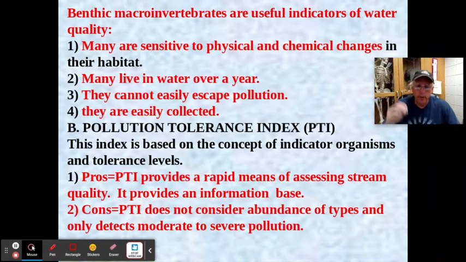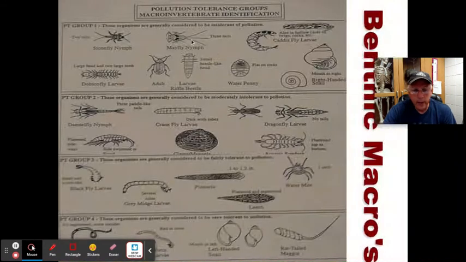So it's a really fast way to get information. The problem that the PTI has is it doesn't really tell you what the problem is. It only detects moderate and severe pollution, not lesser forms of pollution.